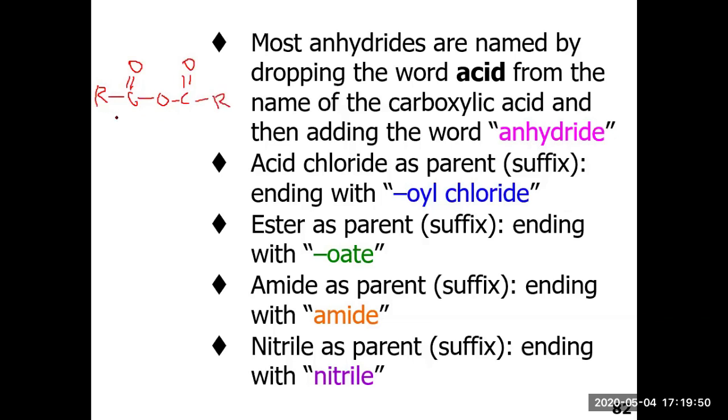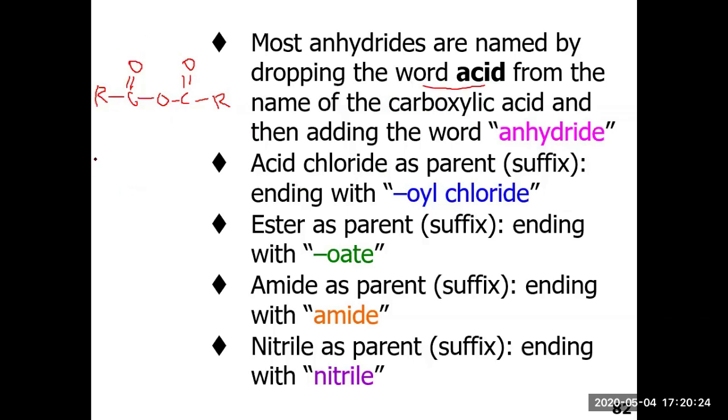So we have here the general formula for anhydrides. In naming anhydrides, we remove the word acid, and we just add the word anhydride. How do we recognize acid chlorides?